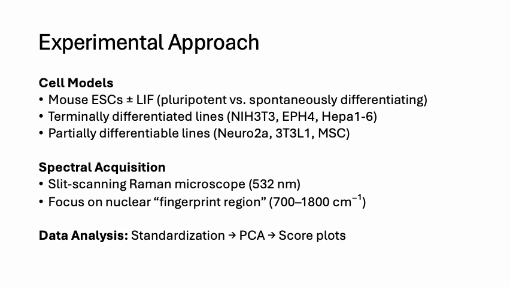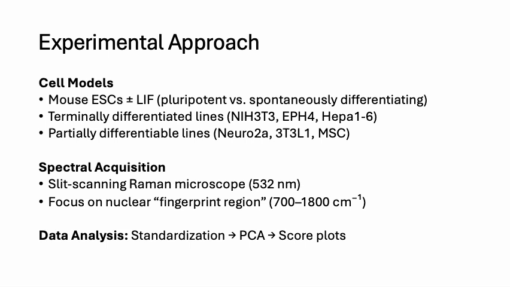The third group was made up of cell lines that can be induced to differentiate. This included Neuro2A cells, which can become neurons, and 3T3L1 cells, which can develop into adipocytes, or fat cells. The fourth and final group consisted of mesenchymal stem cells, or MSCs, which are multipotent and capable of turning into several different cell types.